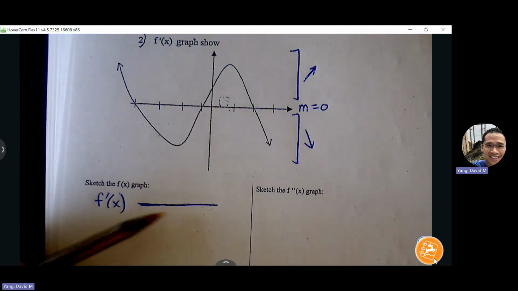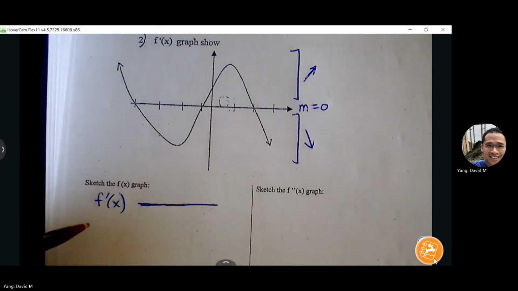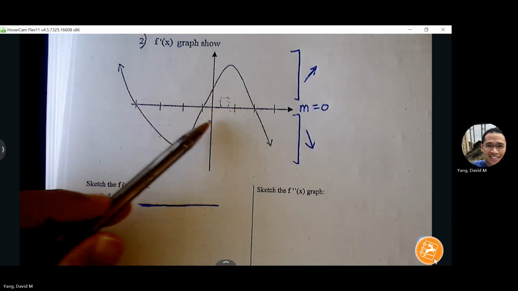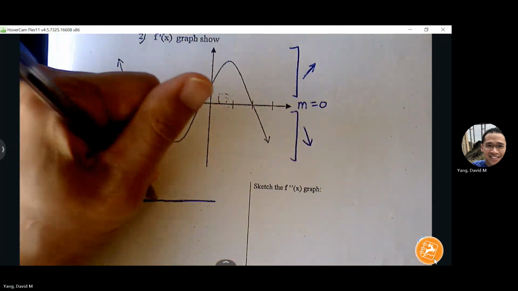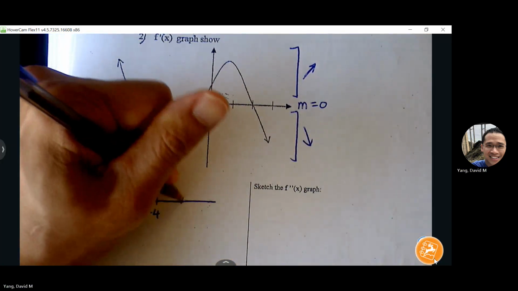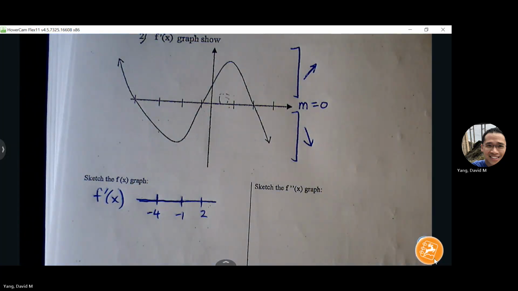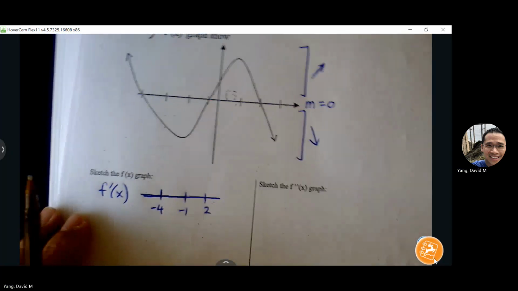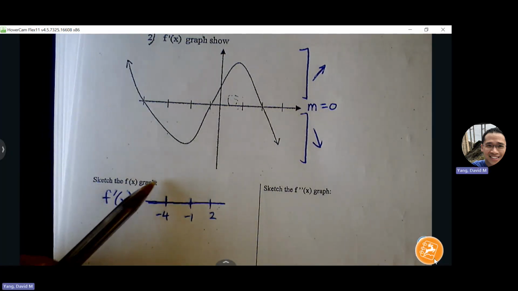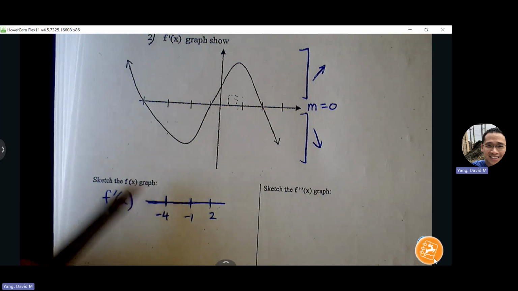Okay, what critical point can I place onto my slope sign line? Two. Okay, what's happening with the slope to the left of -4?